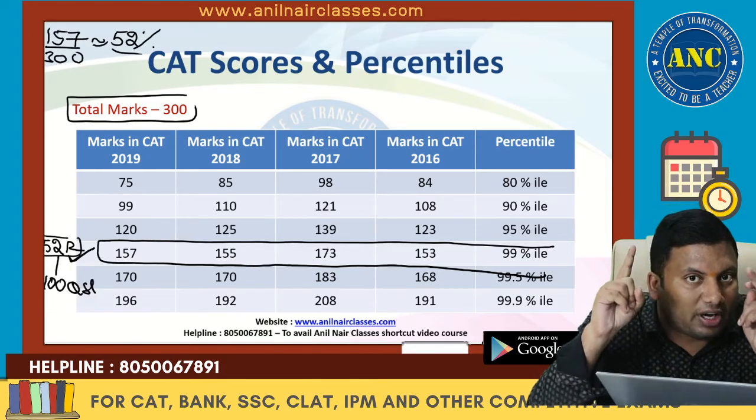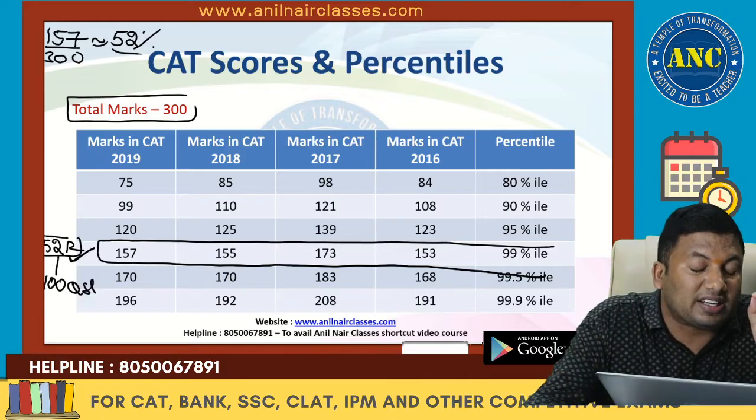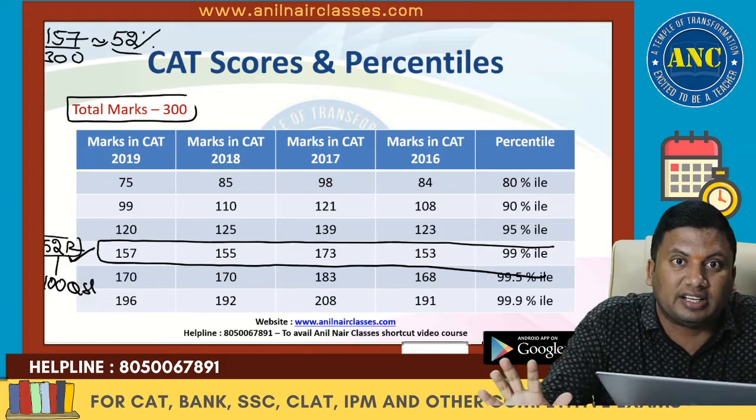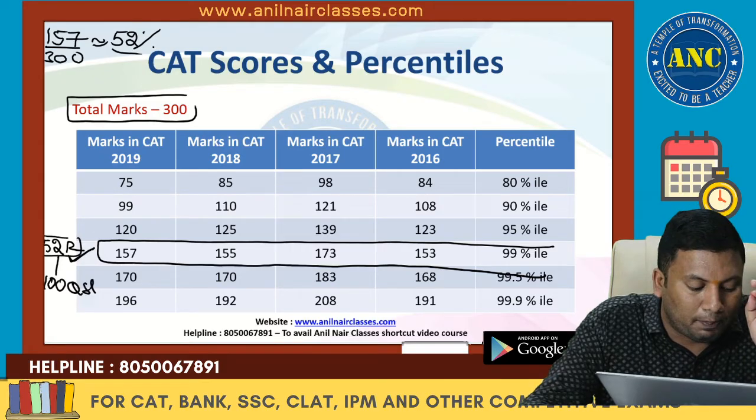Keep this important key point in your mind. If you get 52% of the total paper with 100% accuracy, you are almost close to the 99 percentile. That means selecting the questions is of extreme importance to you.